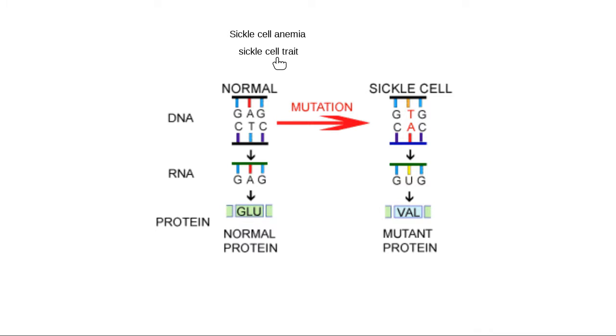So typically, if you're an individual who has the trait, you aren't going to have as many crises, just because at least some of your red blood cells are going to be correct. If you're someone who has two copies of the sickle cell gene that's mutated, you are pretty much guaranteed to exhibit sickle cell anemia. So in someone who carries the trait, I do think they still make some of the mutated hemoglobin because they don't always turn off that mutated gene.